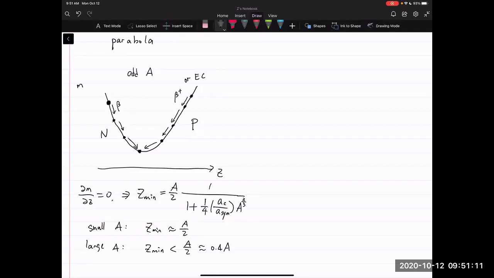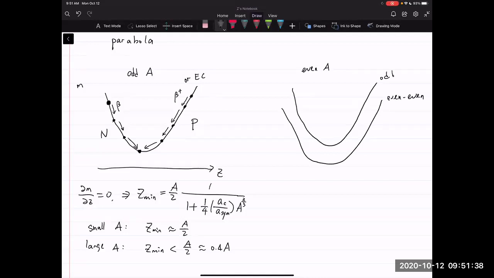So the other scenario, if we have even A, then we can have two possibilities. One of them is even number of N and even number of Z, and the other is odd. In fact, the even one would have smaller mass because they're more stable.